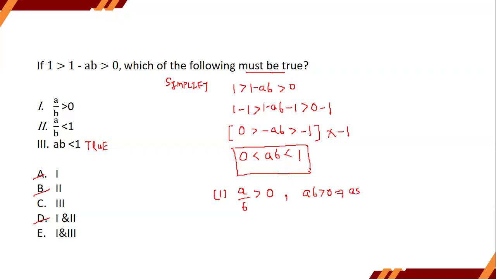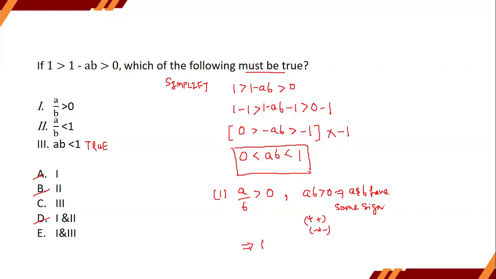That A and B have the same sign, right? Either both of them are positive, or both of them are negative. Now, if both of them are either positive or both negative, what does it tell us? That A by B will again be positive only, right?